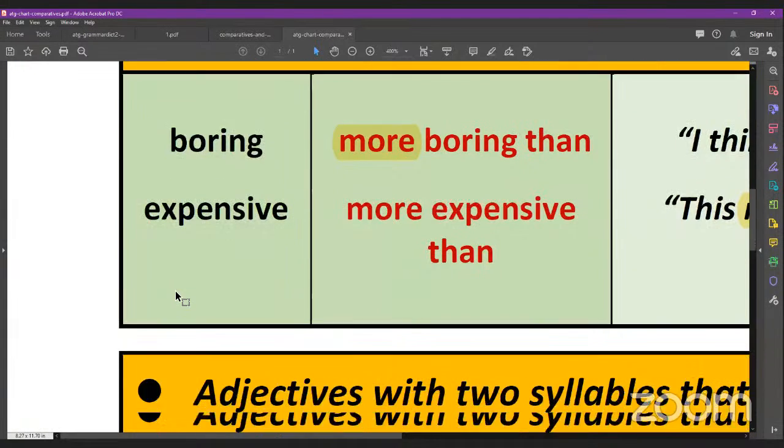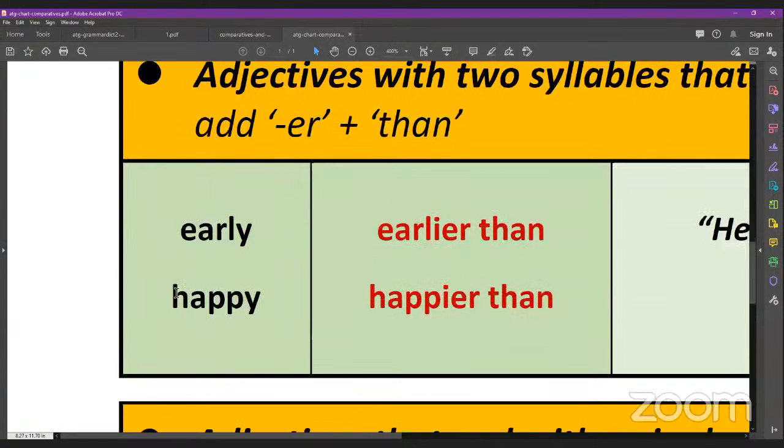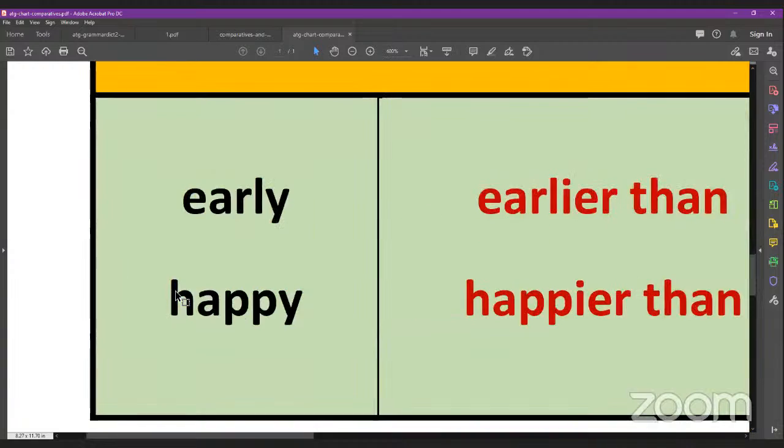Rule number 3. Rule number 3 is for adjectives that end in the letter Y. You see, the letter Y preceded by a consonant, such as early and happy.